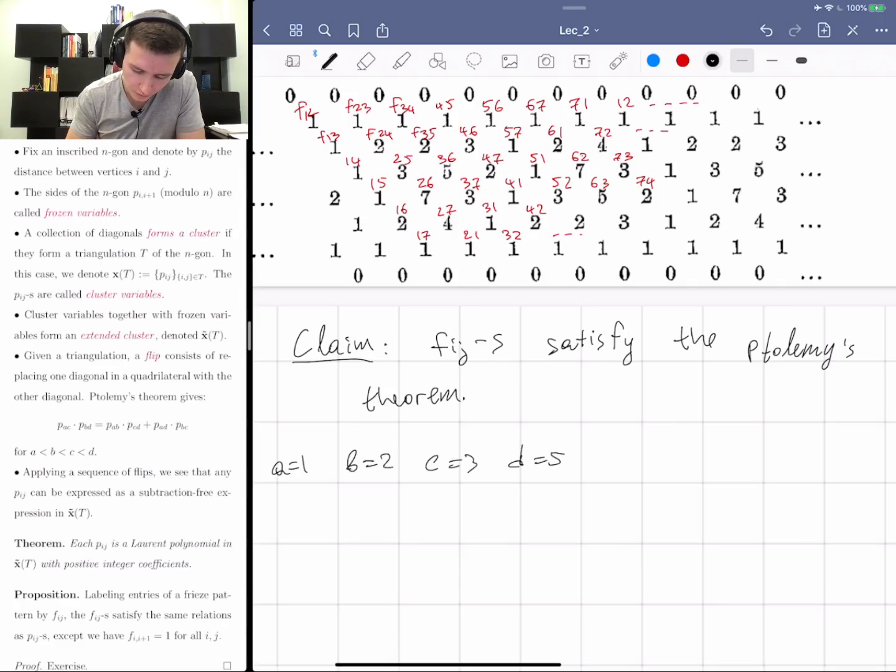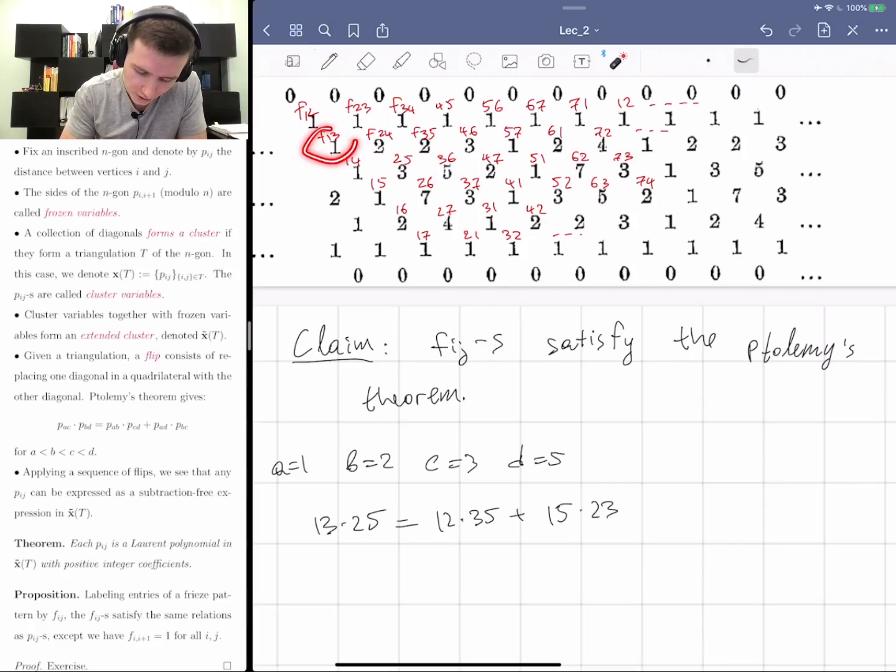So I'm supposed to have F13 times F25 equal to F12 times F35 plus F15 times F23. And then let me try to find them in the table here. F13 is equal to 1, and F25 is, well, it's here, equal to 3.